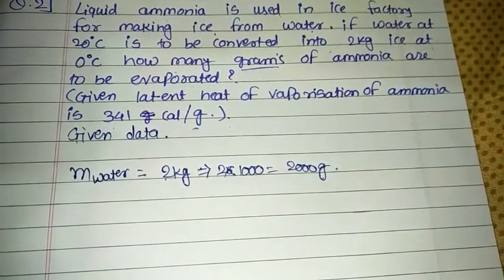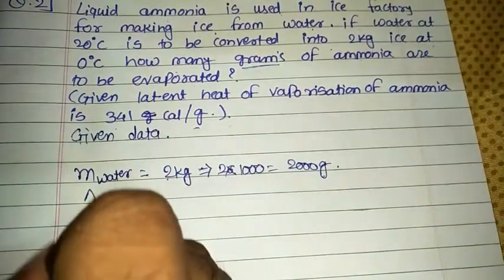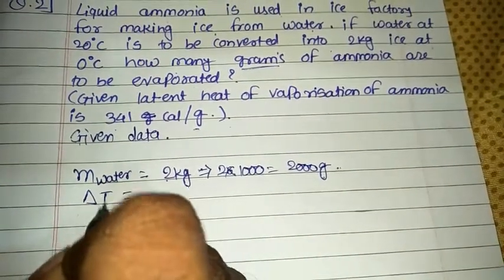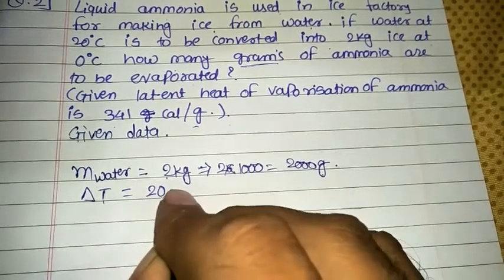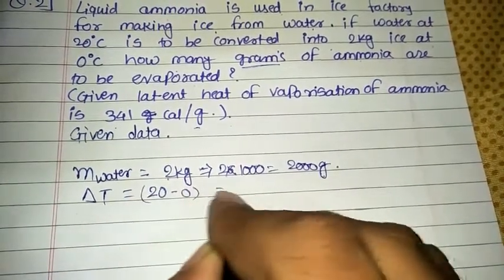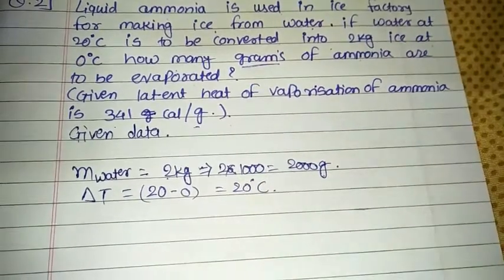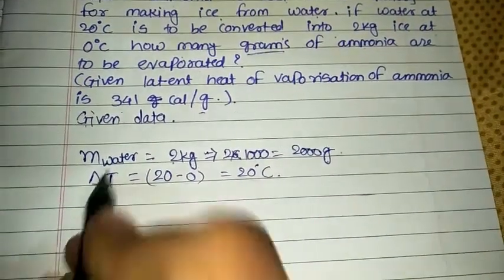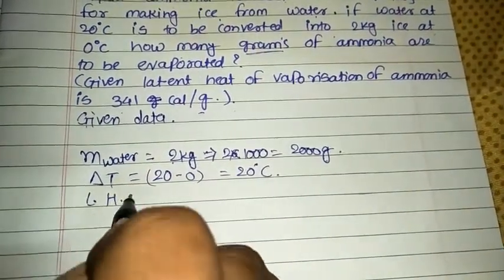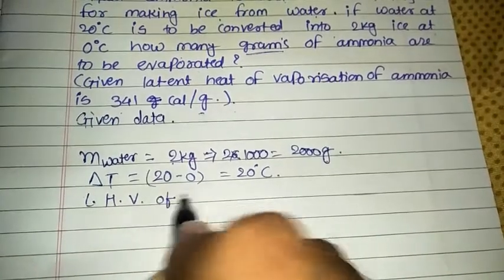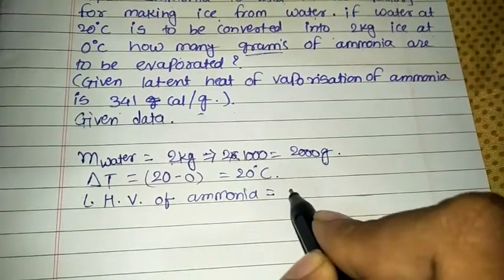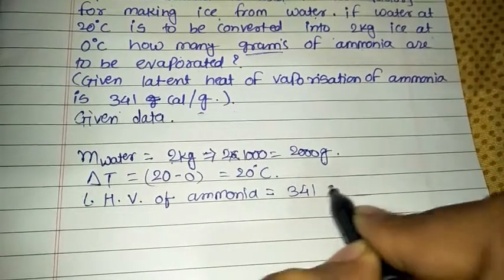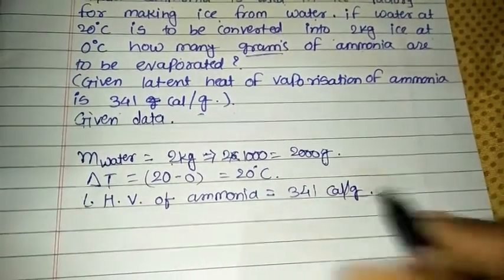Okay students, now the temperature is given. Delta T is 20 minus 0, which means 20 only, 20 degrees Celsius. Latent heat of vaporization of ammonia is equal to 341 calorie per gram.